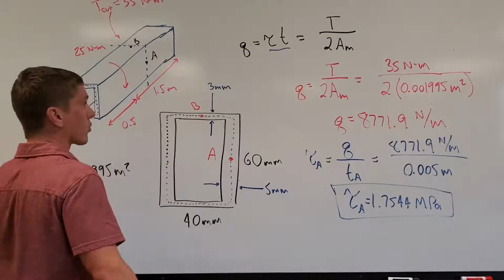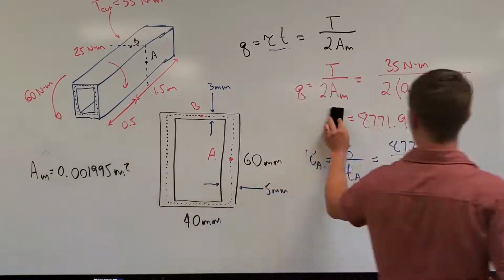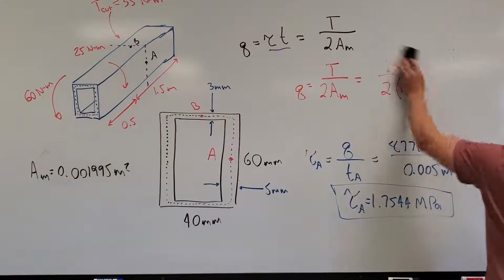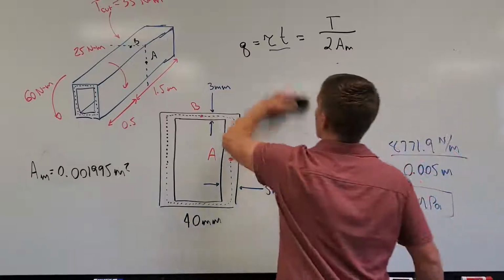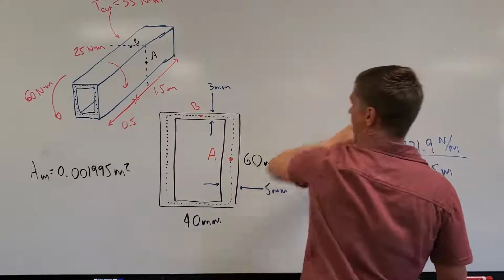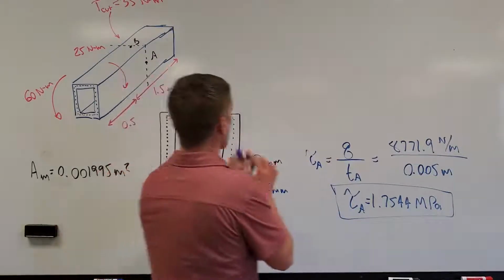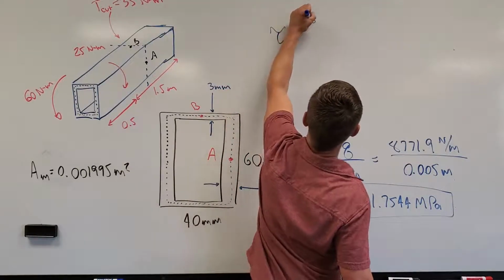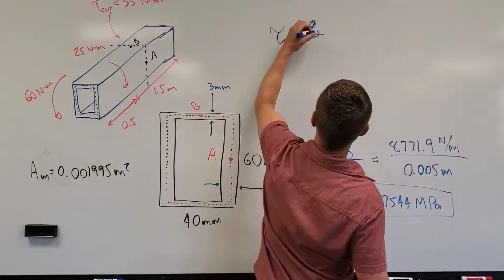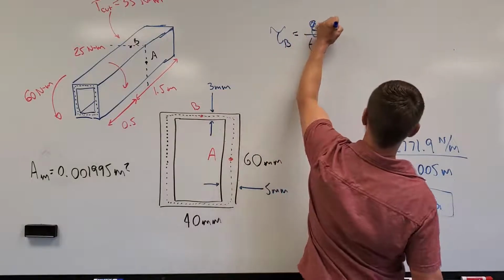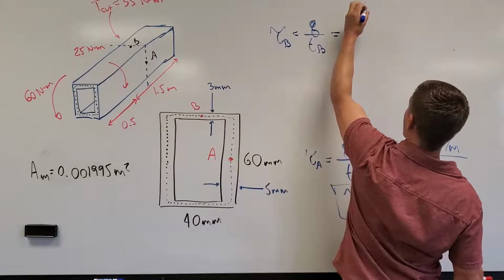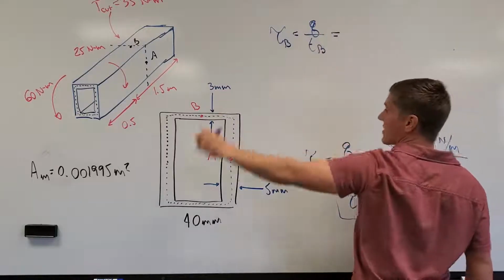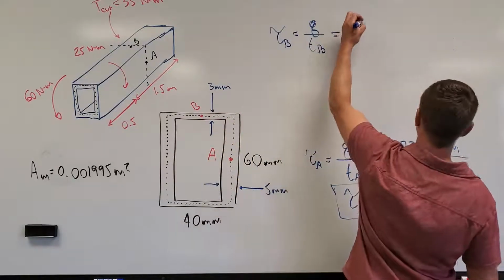Okay, I'm going to go ahead and erase this work above. And we do the exact same thing for our shear stress at B. We can say that our shear stress at B is equal to our shear flow divided by the thickness at B. The shear flow is still going to be the same. It's constant everywhere. Shear flow is constant throughout the entire circumference of our hollow shaft.